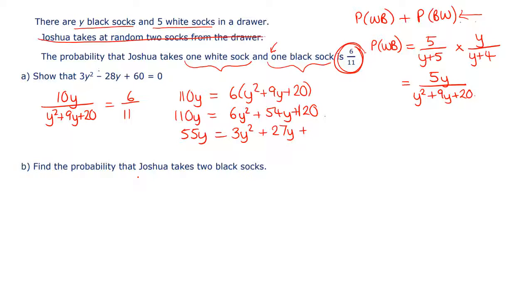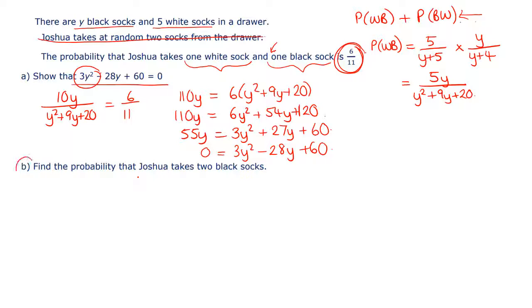In the question, we're aiming to show that we've got 3y squared, so that's why I've halved it already. And then if I take away the 55 from both sides, I'm left with minus 28y, which is in the question.